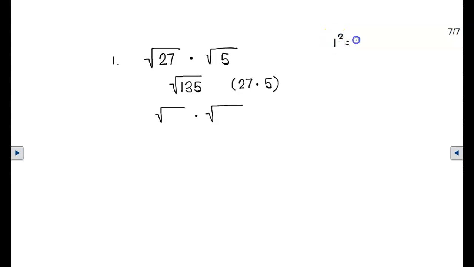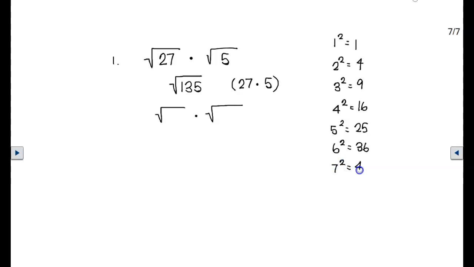You know that 1 squared is 1. You know that 2 squared is 4. You know that 3 squared is 9. That 4 squared is 16. That 5 squared is 25. That 6 squared is 36. That 7 squared is 49.